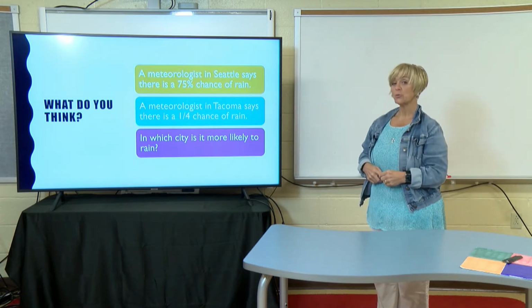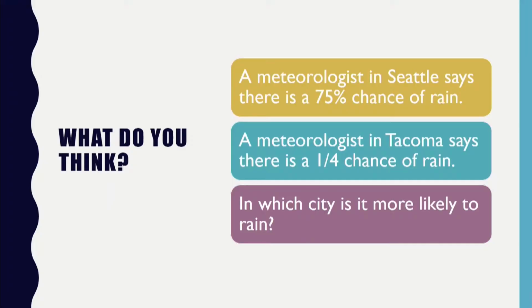Here's a question for you. Thinking back over what we just talked about and on our number line, a meteorologist in Seattle says there is a 75% chance of rain today. A meteorologist in Tacoma says there is a 1/4 chance of rain today. In which city is it more likely to rain?